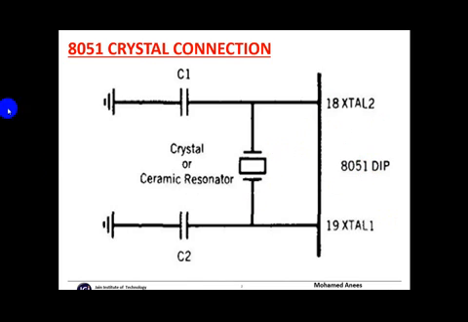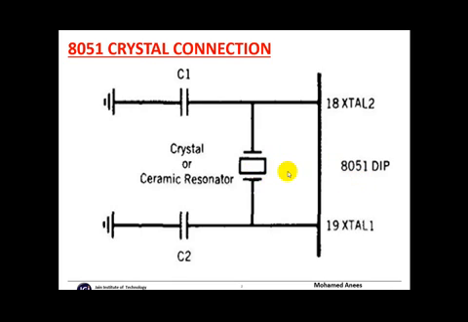For example, if I talk about the watch and assume this crystal is of 1 hertz, and let us assume there is no dividing circuitry, then 1 upon 1 hertz is equal to 1 second.